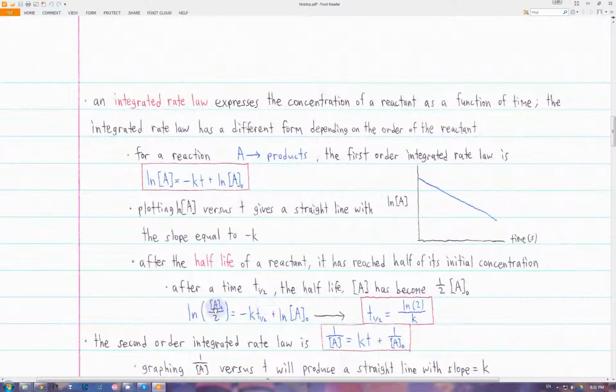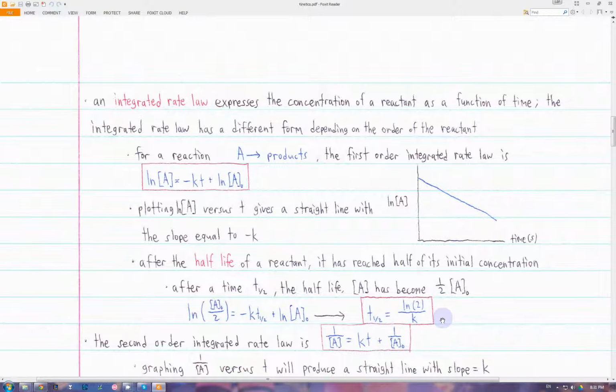So if we replace the concentration of the reactant in the integrated rate law with 1/2 of the initial concentration and solve for t 1/2, we get that the half-life is equal to ln of 2 over k. So this is the half-life in a first order reaction.